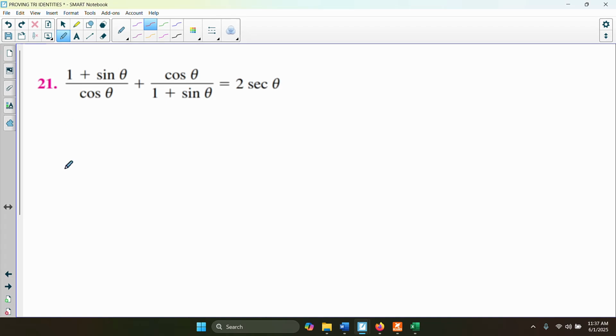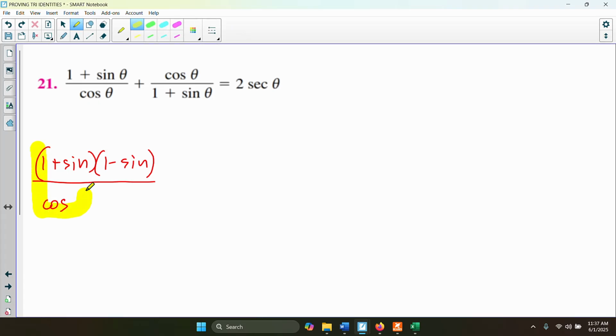So what do I have here? I have 1 plus sine, 1 minus sine, right? Let's see where that goes. And down here I have a cosine to begin with. This part is what I started with. But then I have to multiply top and bottom by 1 minus sine, very similar to what we just did a couple of minutes ago.